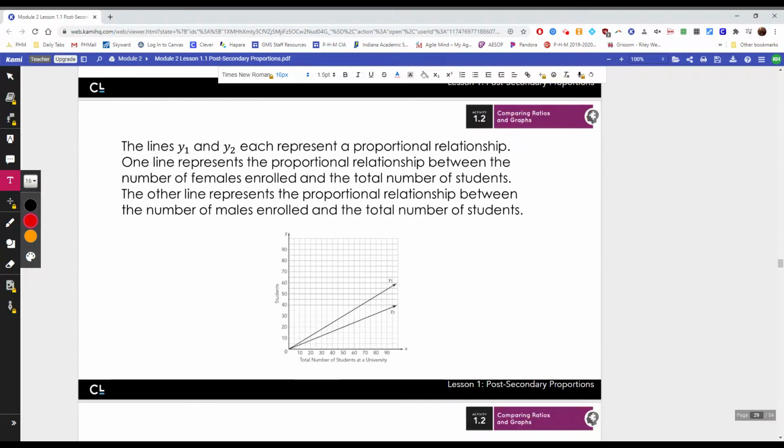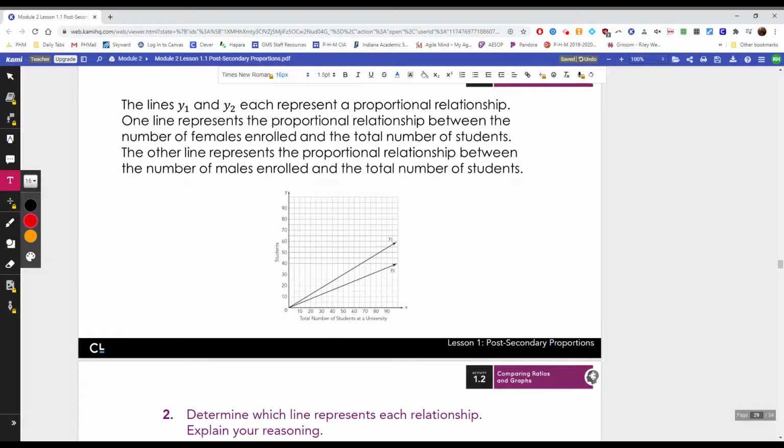All right. The lines y sub 1 and y sub 2 each represent a proportional relationship. One line represents the proportional relationship between the number of females enrolled and the total number of students. The other line represents the proportional relationship between the number of males enrolled and the total number of students.